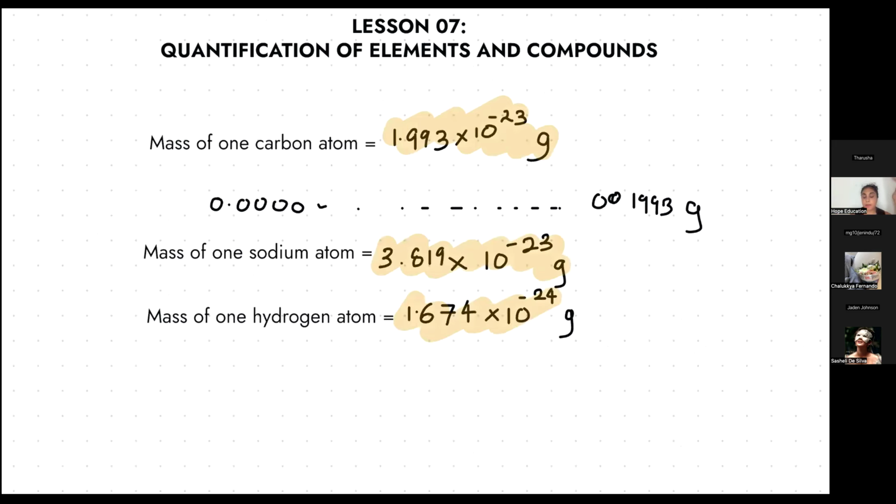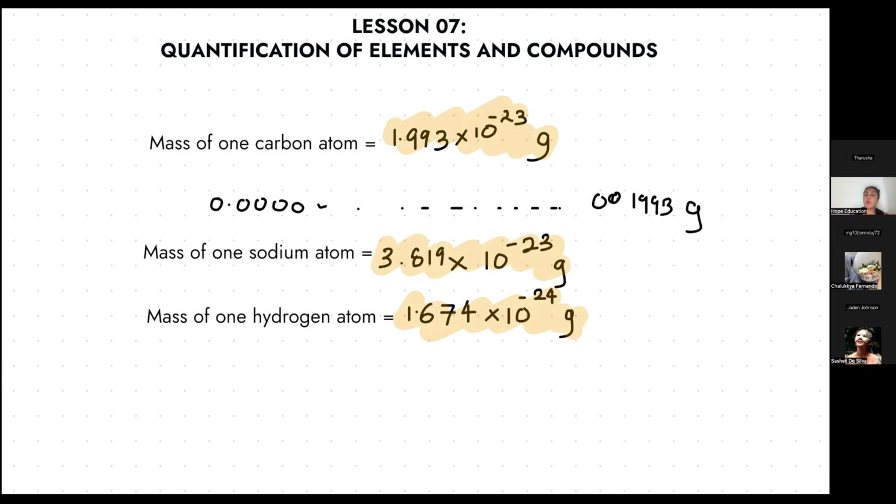So we can use grams, but it's a little inconvenient to measure elements and compounds. Compounds are made of two or several elements combined. So measuring elements and compounds using grams is a little difficult. Even nanograms and micrograms are actually a bit difficult to use.